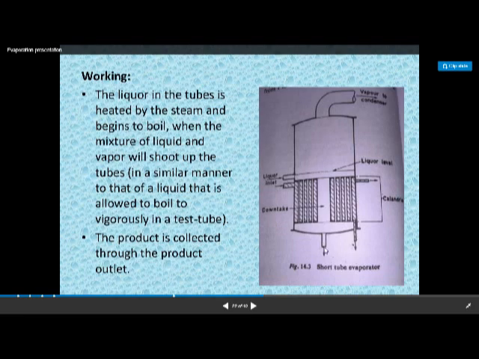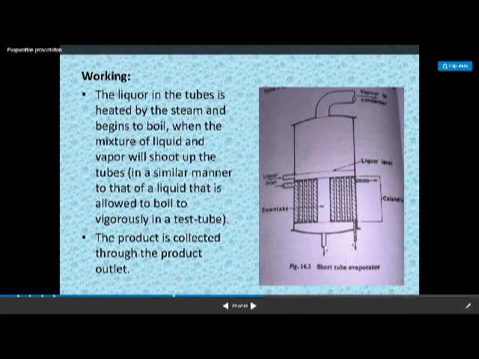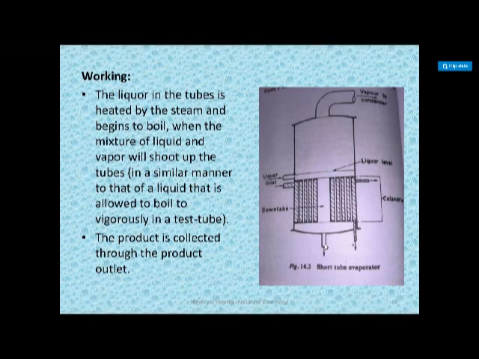Now here, one chance is there. The boiling of the liquid takes place in the tube, and there may be chances of the development of a hydrostatic pressure or hydrostatic head because of the upper liquid on the lower liquid.